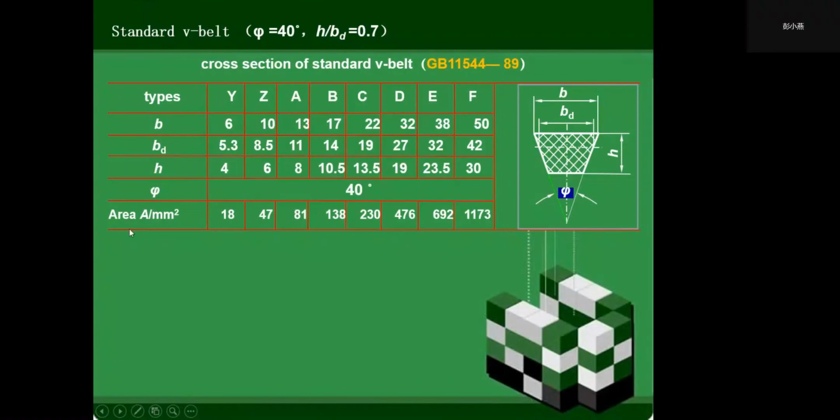Then the area A is 18, and from this table we can find that from Y to F, the area of cross section increases.